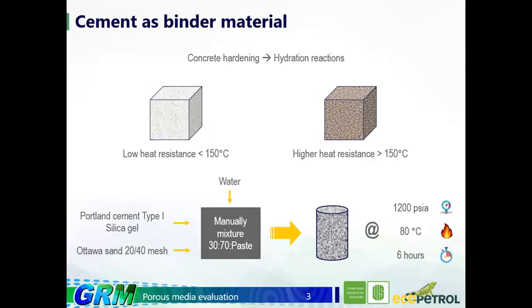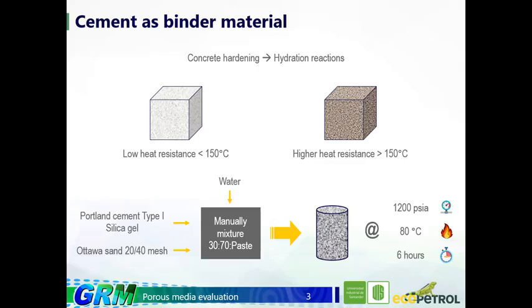They have low resistance, as this is a normal concrete. However, when you add a silica source, the heat resistance could be higher and could get stronger and achieve a heat resistance higher than 150 Celsius degrees.